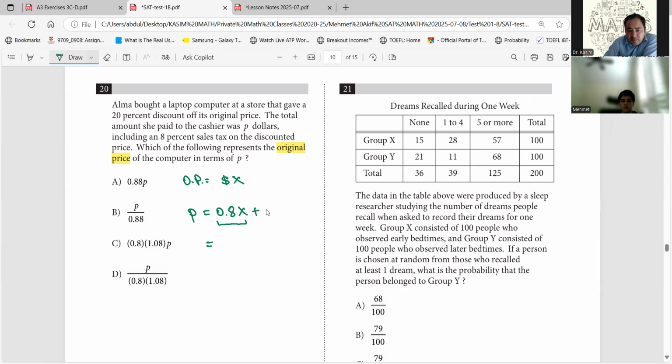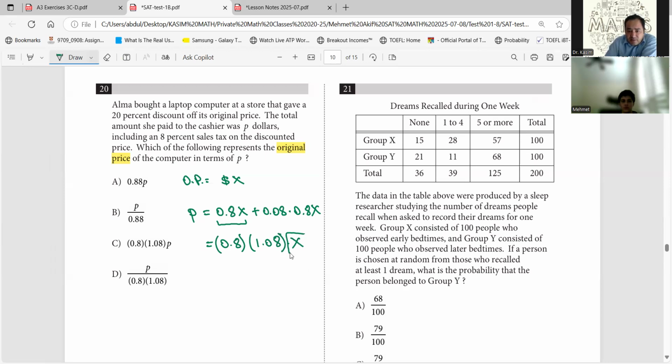So 8% is 0.08 of what? Of this amount, 0.8x. Now if we simplify, I have 0.8x plus 0.08 times 0.8x, which is equal to 0.8 times 1.08 times x.